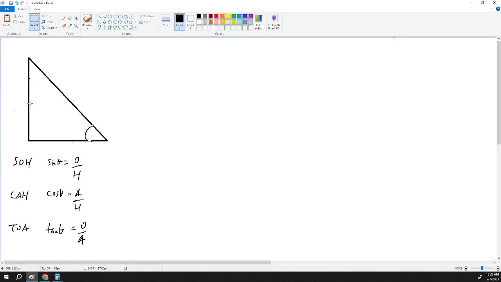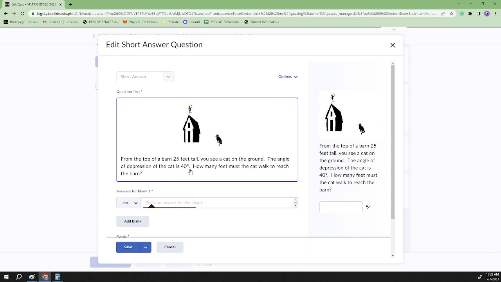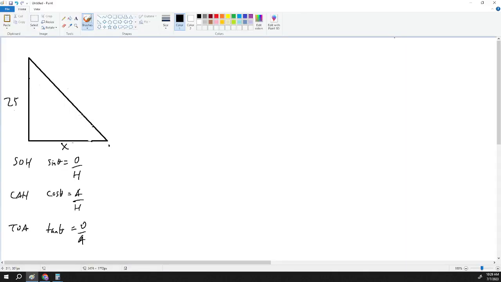The height of the barn is 25 feet. And the cat is around somewhere this point. How far should the cat walk? Now we have an angle of depression of 40 degrees. So what is this angle?